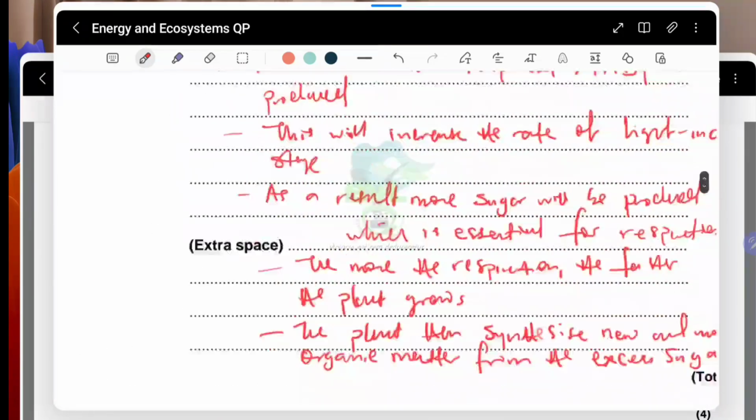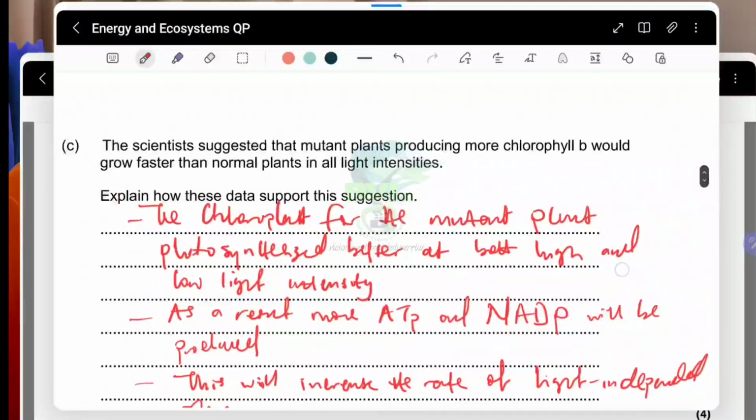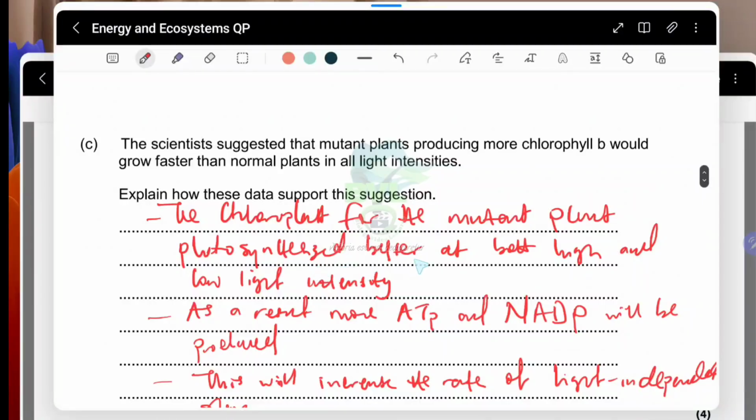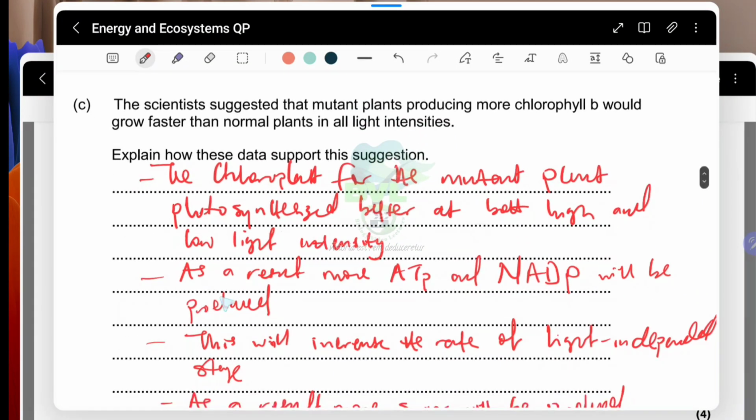That makes sense. So it says here that it photosynthesizes better at both high and low light intensity. As a result, more ATP and more NADPH, or reduced NADP, will be produced.